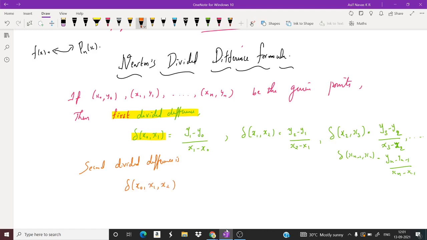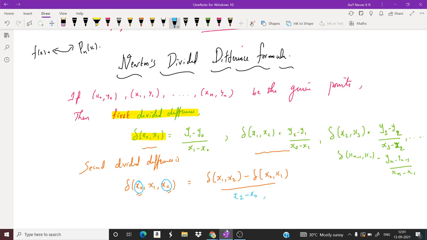This is delta x1 x2, which we get from here, minus delta x naught x1, divided by x2 minus x naught.